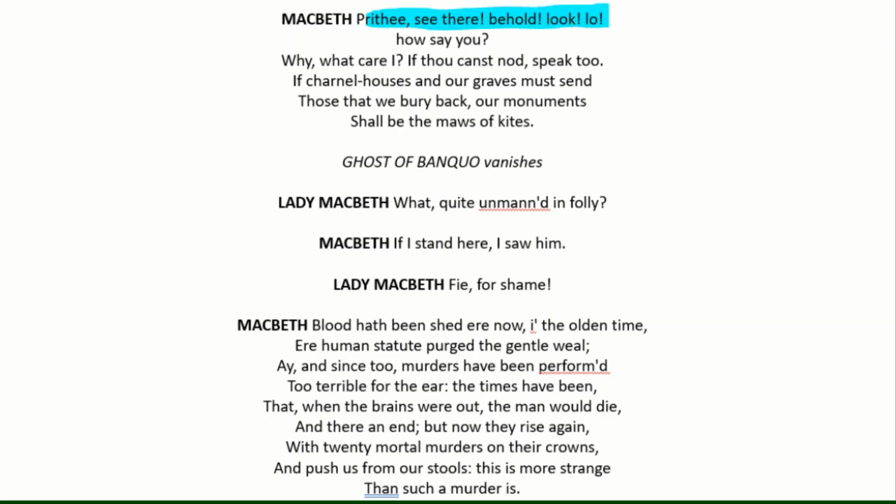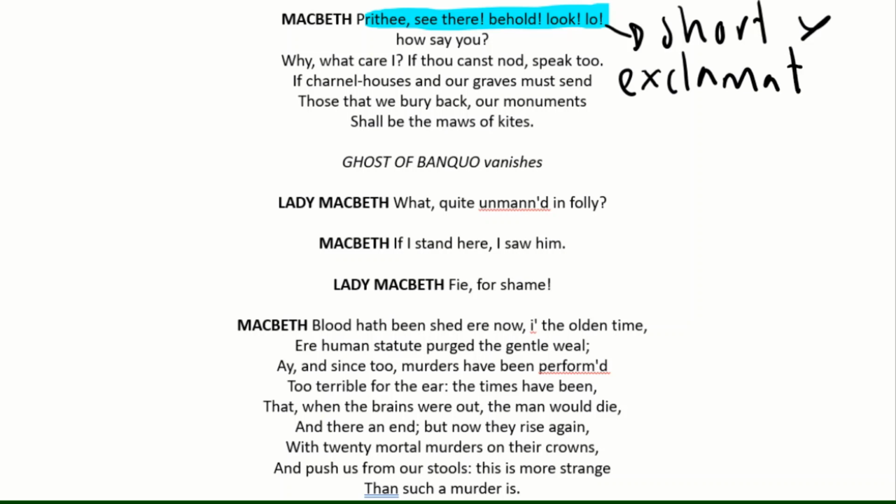"Prithee, see there, behold, look, lo." These sentences are short and exclamatory due to the exclamation marks. Sentences show his terror.